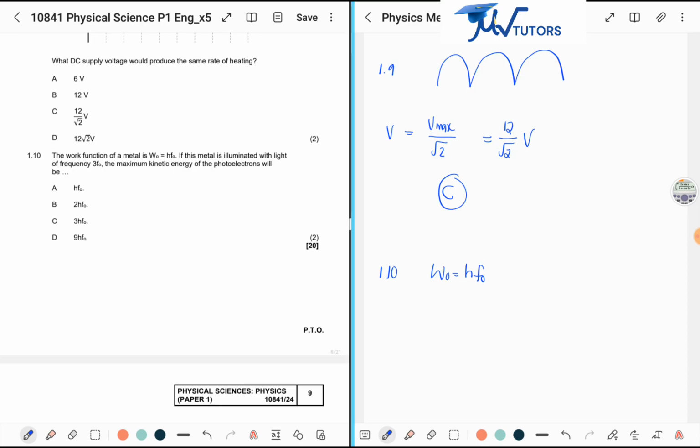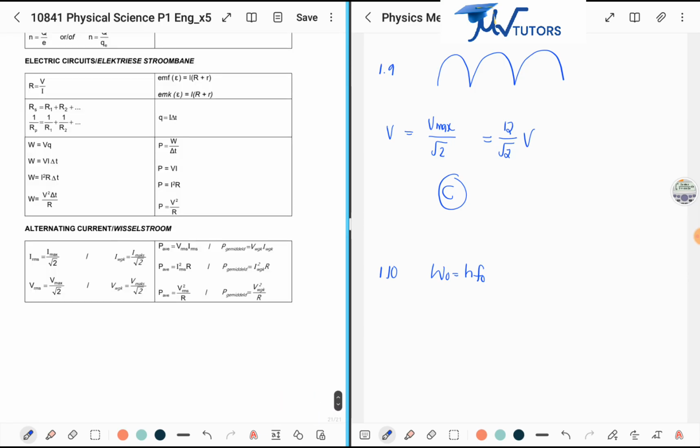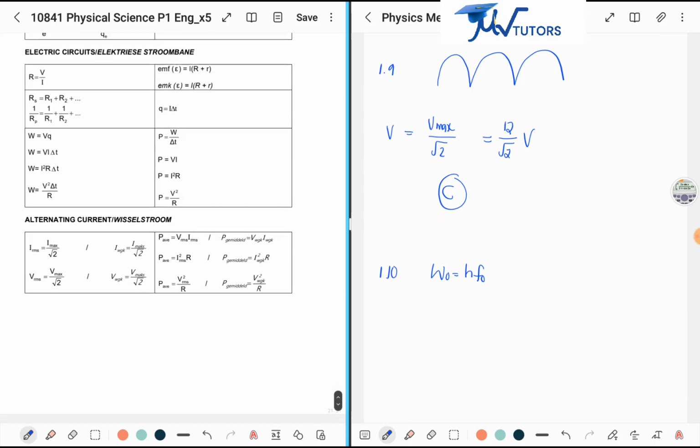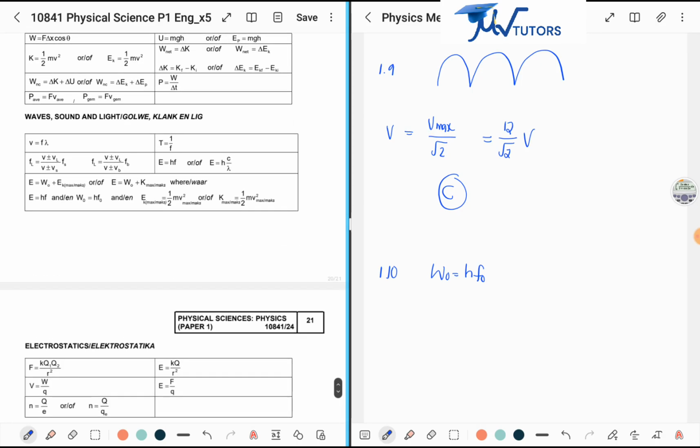the maximum kinetic energy of photoelectrons will be, okay, let's go quickly to the formula sheet if we have forgotten there. Okay, so maximum velocity, I see that we have E is equal to the work function, the energy, plus the maximum kinetic energy.